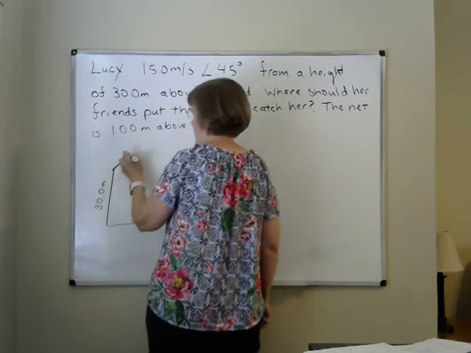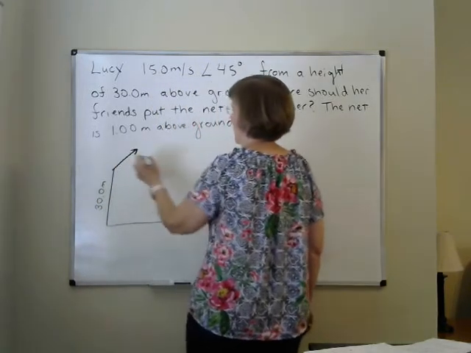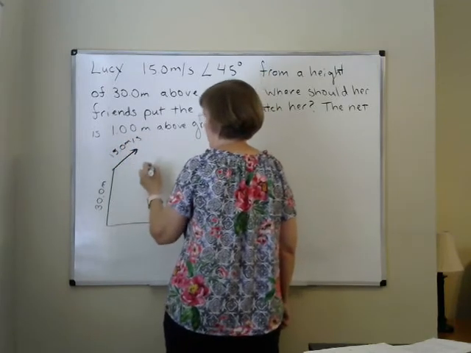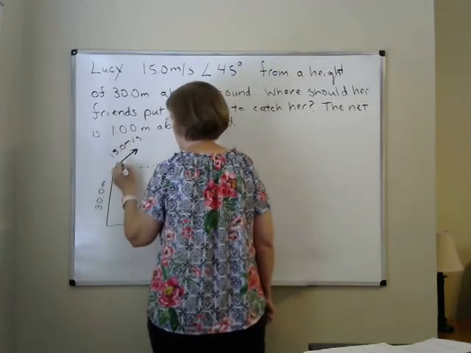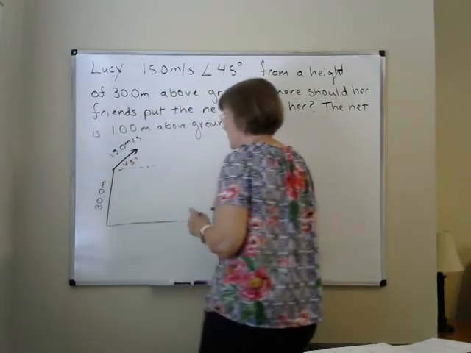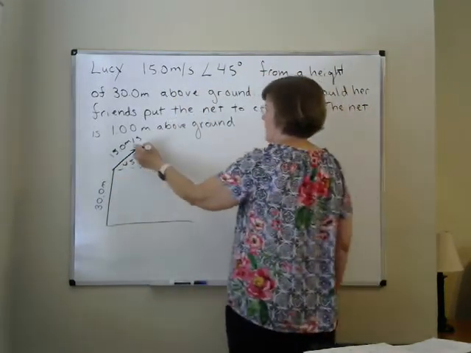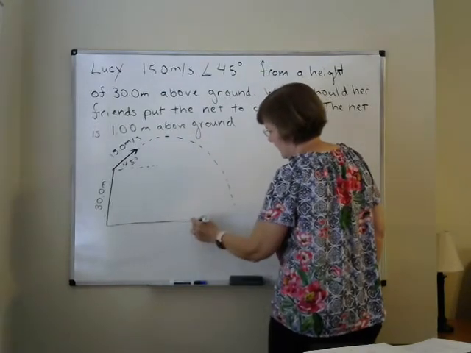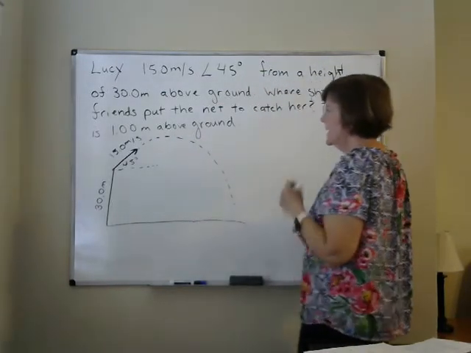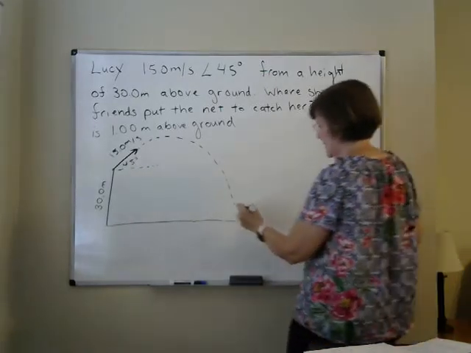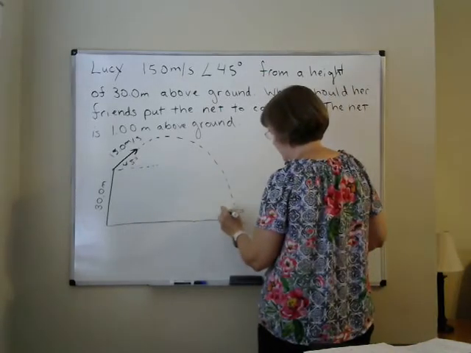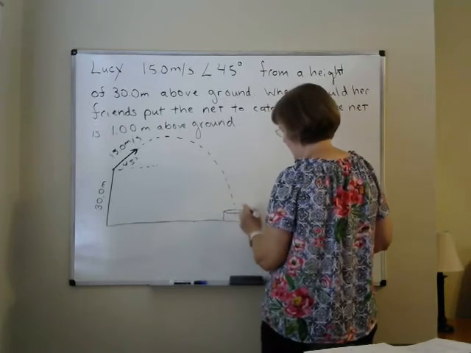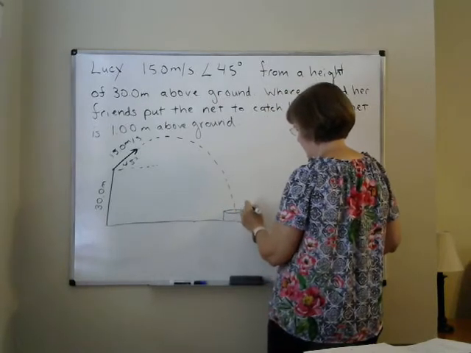She's getting launched with an upward velocity of 15.0 meters per second, above horizontal. She's going to go up, and she's going to come down. If her friends put the net at the right place, here's the net, she's going to have a height of 1 meter when she hits the net.